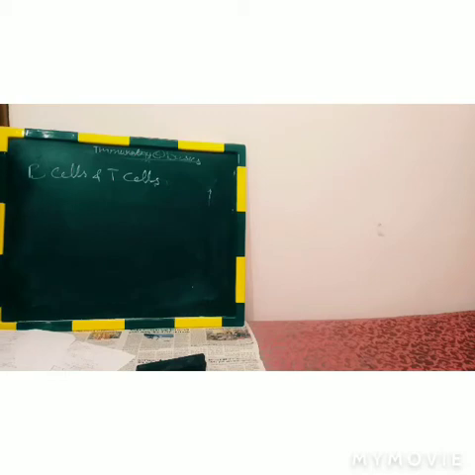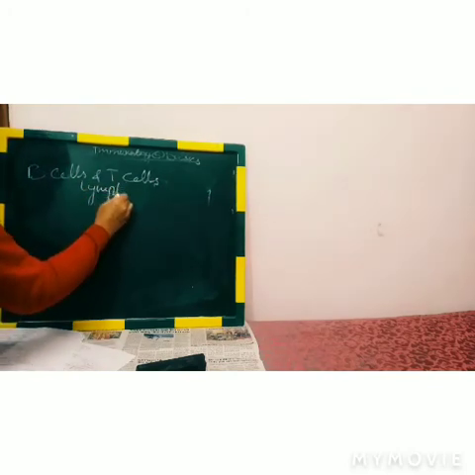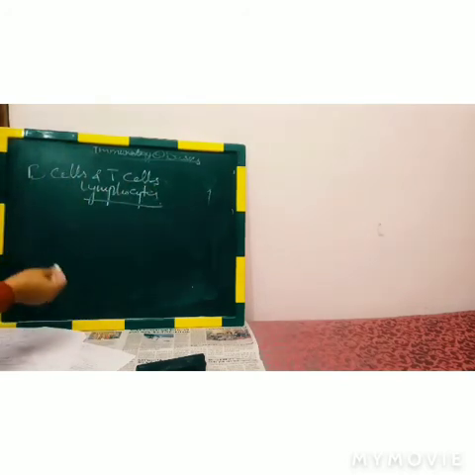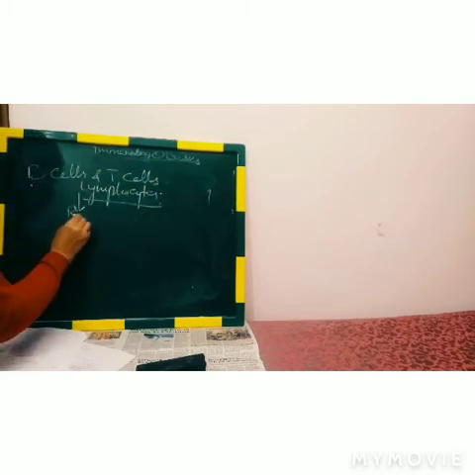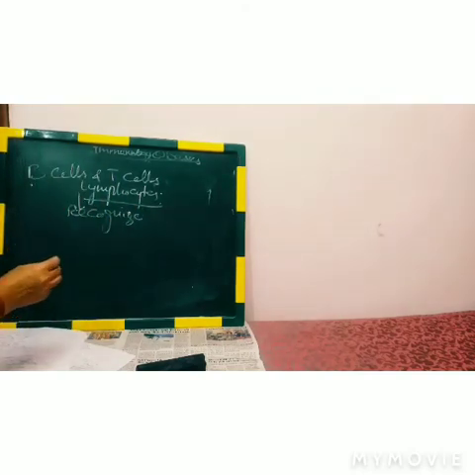B cells are basically lymphocytes: B lymphocytes and T lymphocytes. These lymphocytes recognize the pathogen. Both B cells as well as T cells recognize the pathogen, and so they initiate the adaptive immunity.